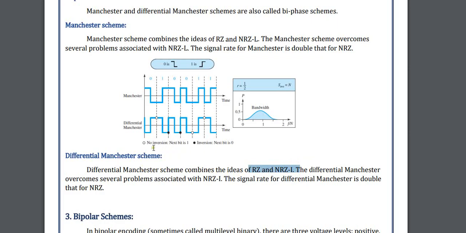So in this section, for being inverted, if the dot is white, then the next bit is obviously 1. And if it is black, then the next bit is obviously 0.